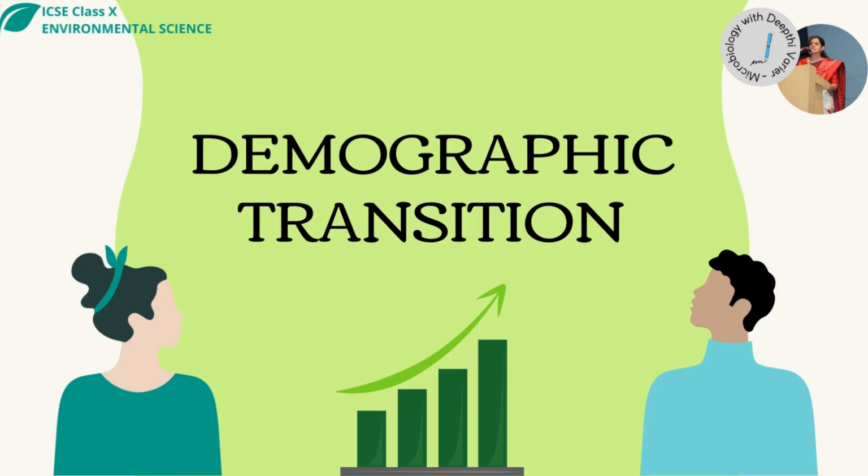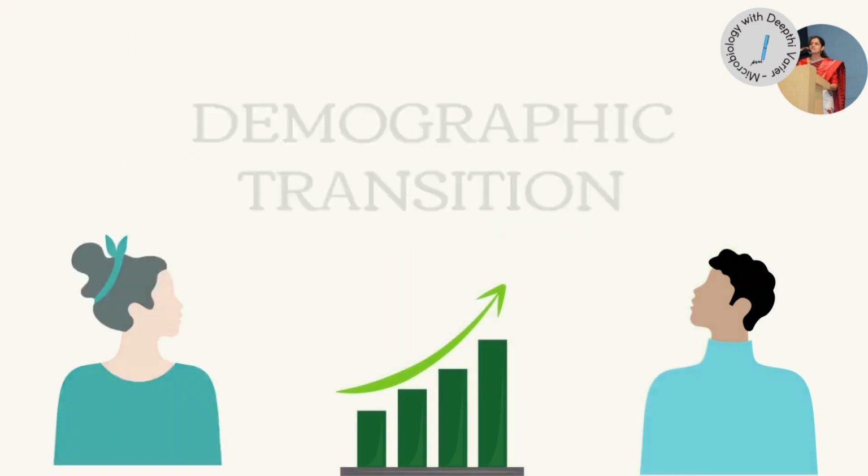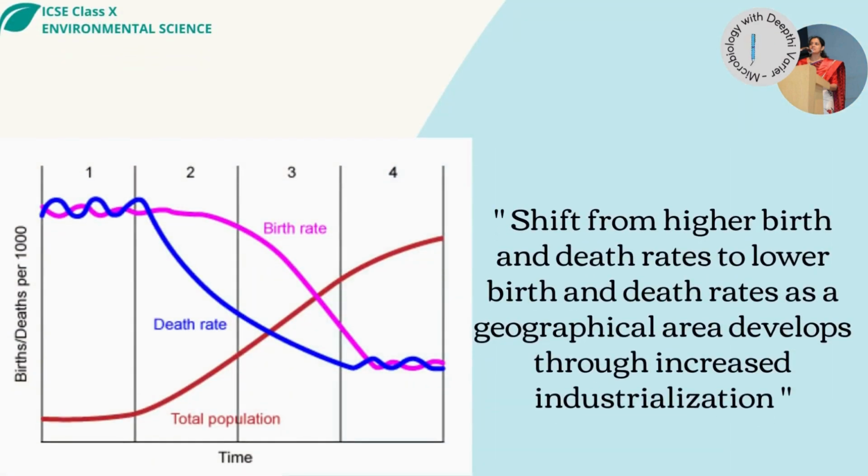And when we say demographic transition, it is the shift from the high birth rate, which is seen in societies which have minimal technology, very little education, or very poor economic development, to a lower birth rate and lower death rate. When that shift happens, that shift is what we call the demographic transition.